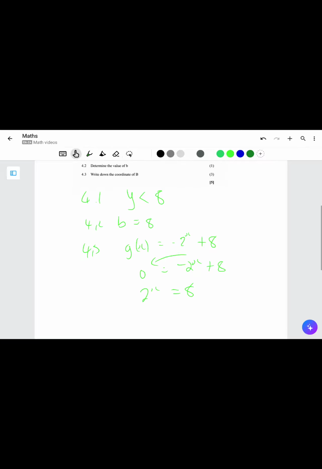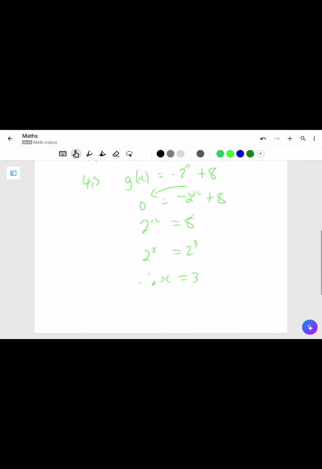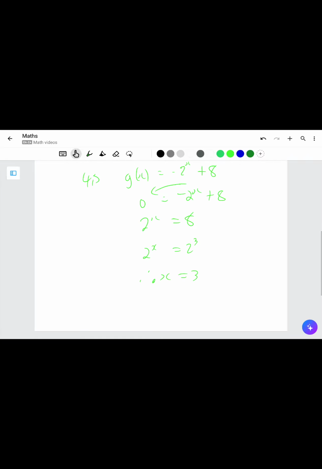And we know how to solve exponential equations. We're going to change 8 to 2 to the power of 3. So therefore, we're going to drop our exponents. So x will equal 3. You guys with me? So we know now that y is 0, and if y is 0, x is 3.